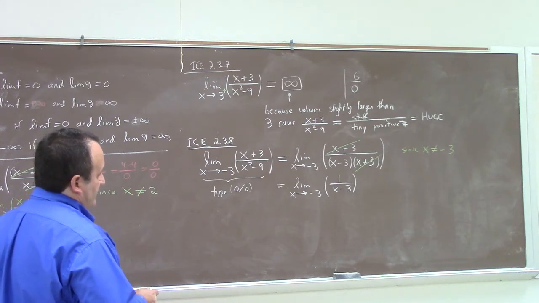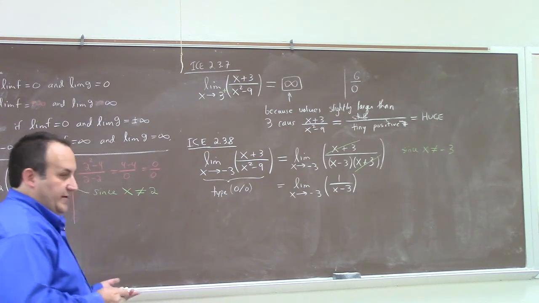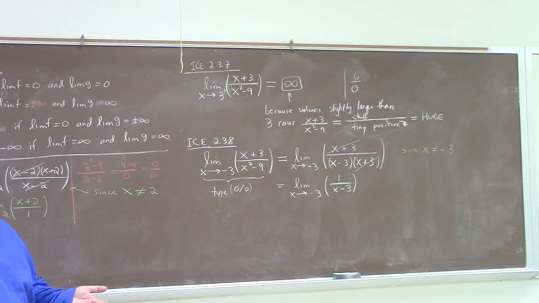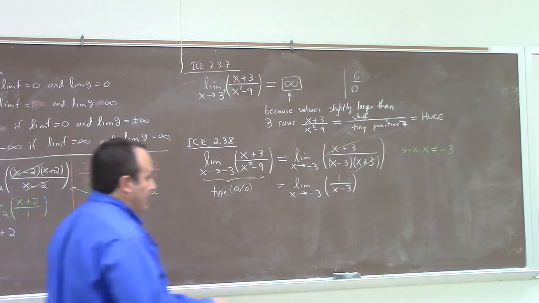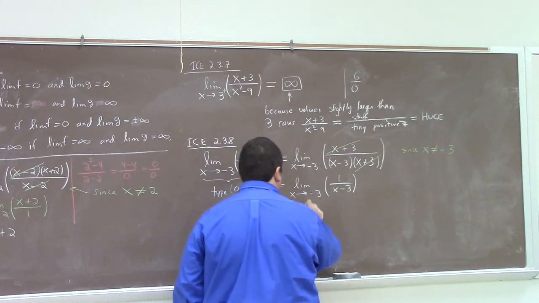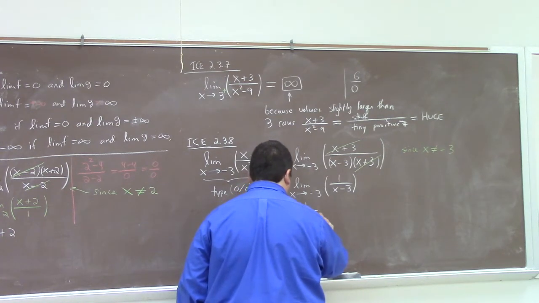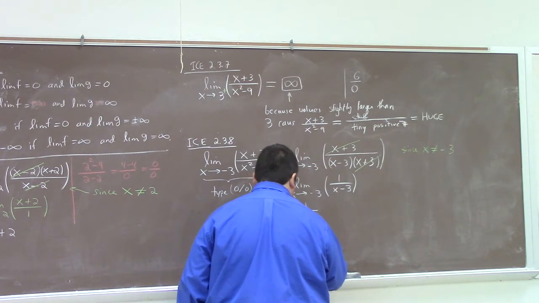Now what happens? Well, I think we can just plug in minus 3. Minus 3 minus 3 is minus 6, right? So we get minus 1/6. And there you go.